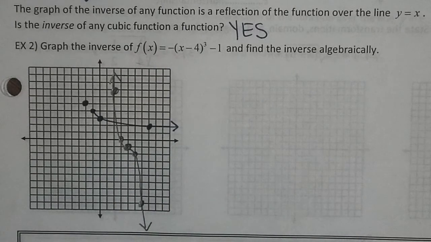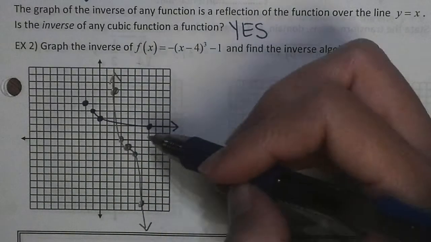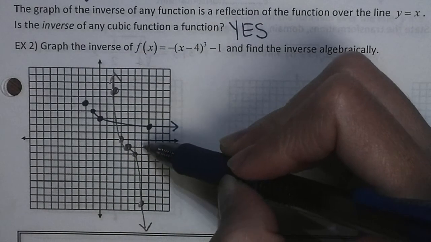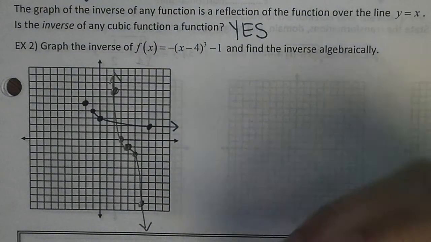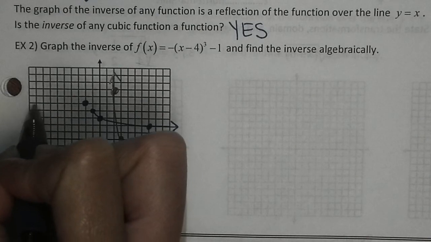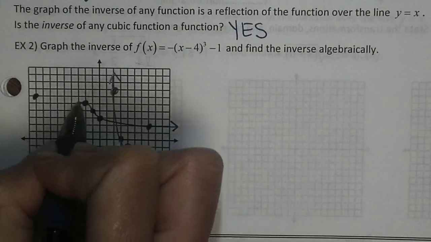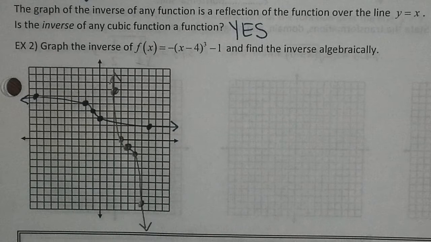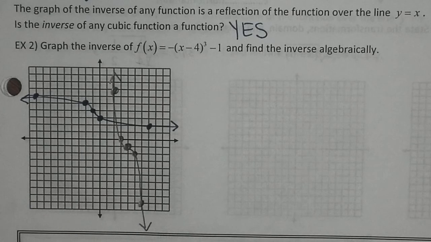And finally, the last point, instead of it being 6, negative 9, I'm going to graph negative 9, 6. So that's how you graph the inverse of a cubic graph.